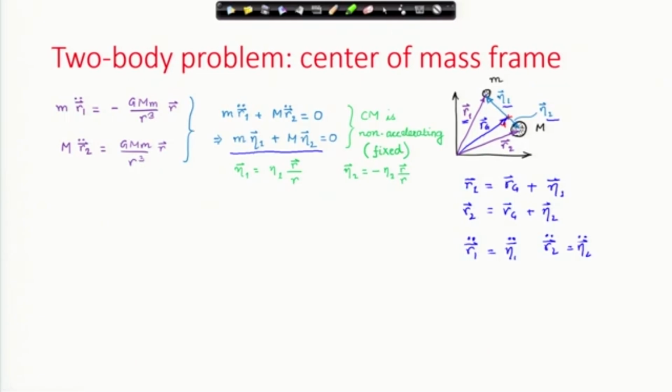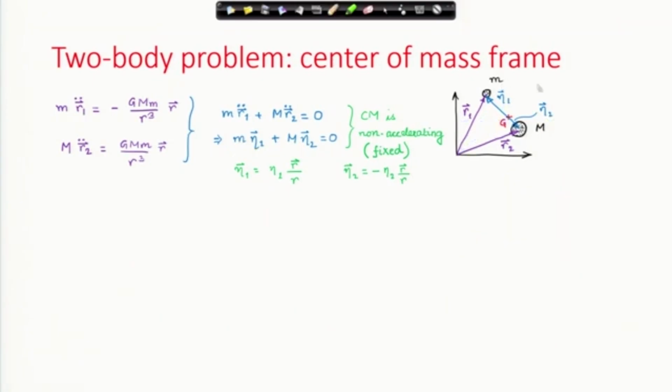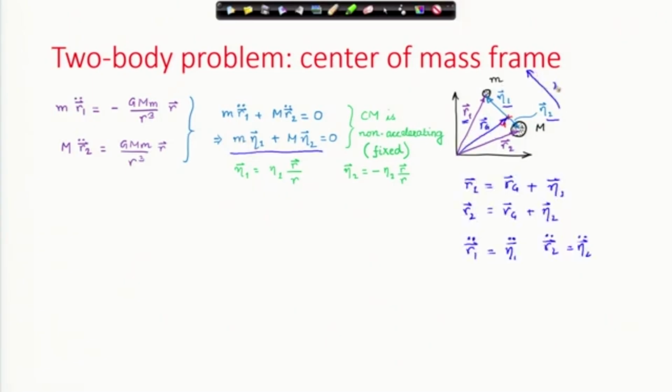Now, these vectors eta 1 and eta 2 can be written in terms of that R vector which I showed you a moment ago. This R is from capital M to small m, and I can write eta 1 vector as eta 1 magnitude times unit vector R, while eta 2, which is opposite, starts from G and goes opposite to the R vector to capital M. Therefore, eta 2 vector is magnitude times unit vector R in the opposite direction, minus, that is how this negative sign comes about.